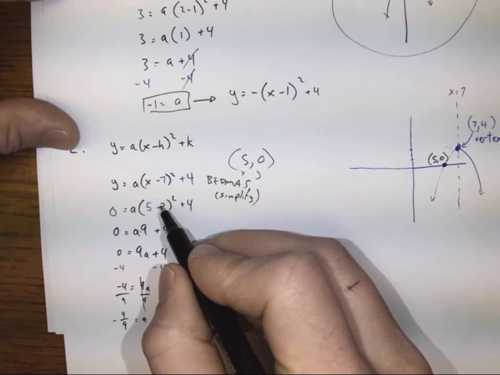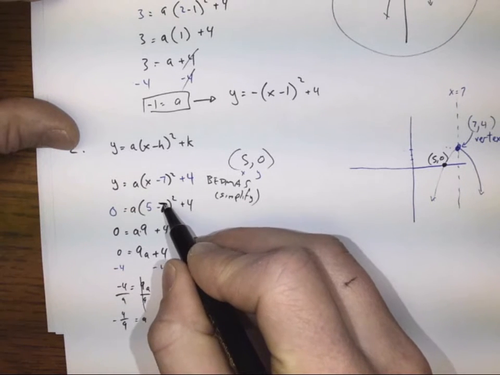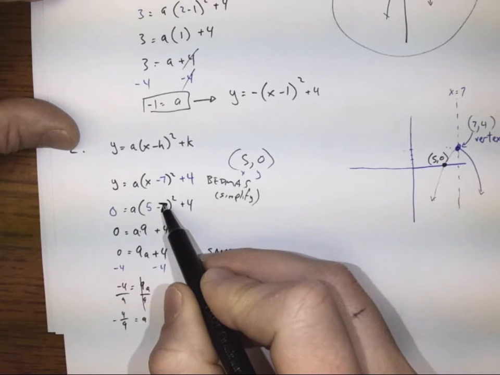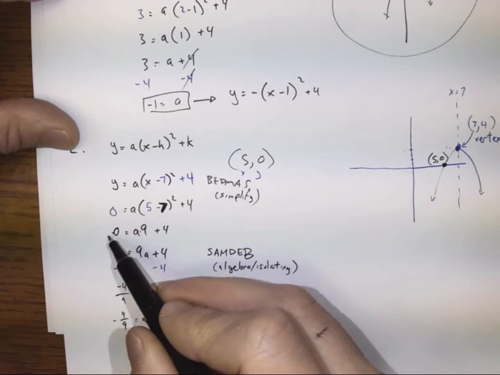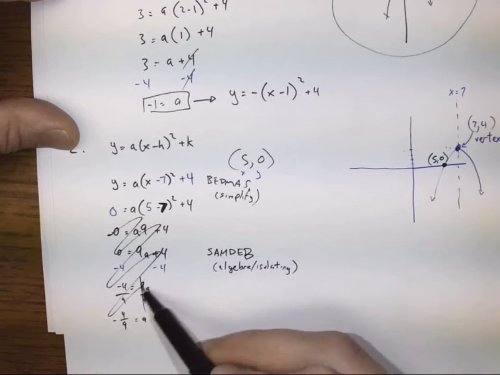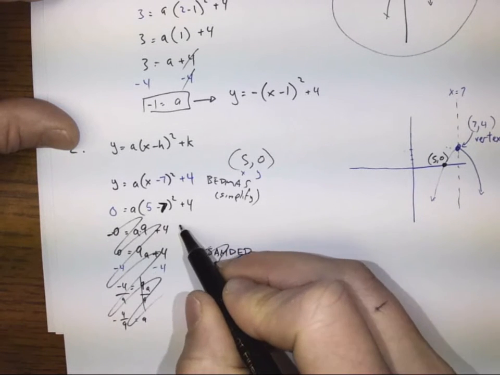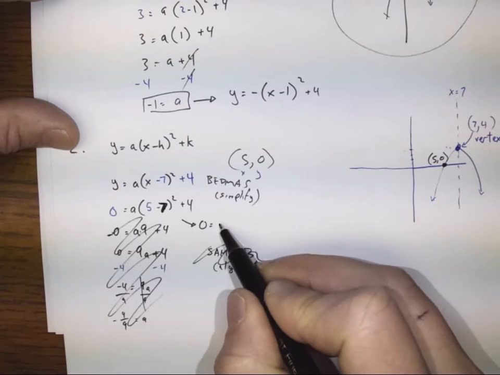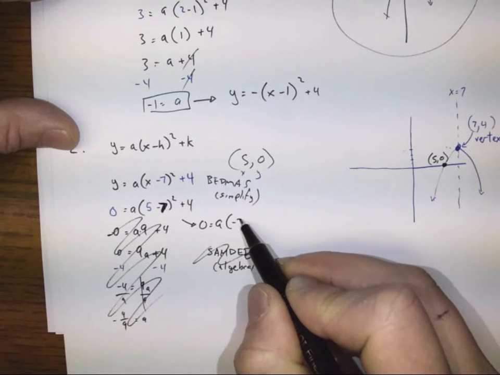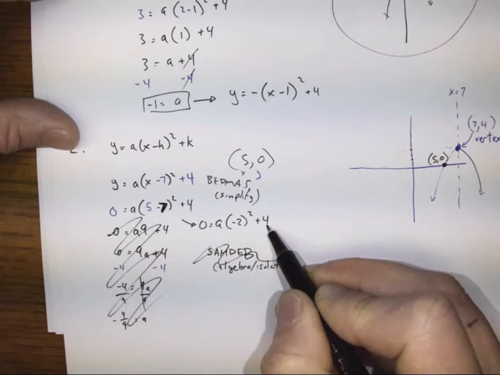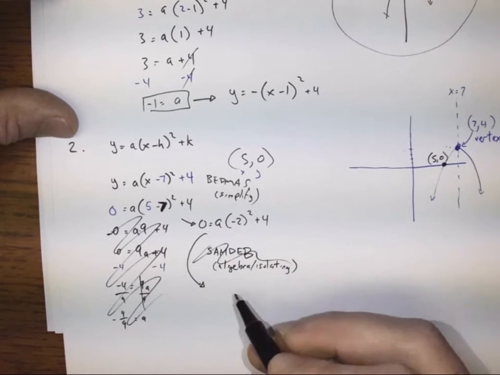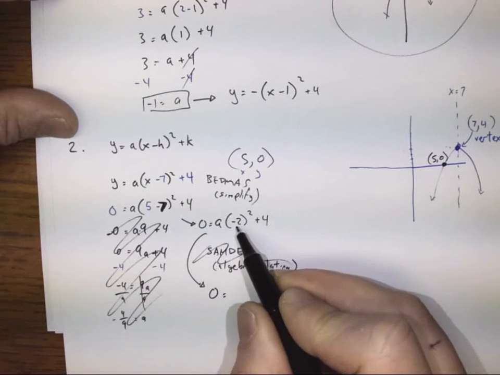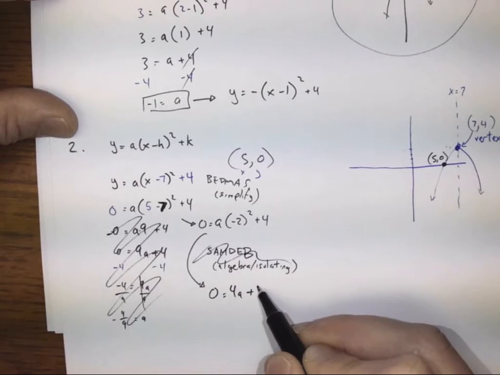Oh, I see why. I changed that into a 7. 2, rather. And so actually 5 take away 7 is negative 2. Oops, okay. Yeah. So we should have got 0 is equal to a times negative 2 squared plus 4, which gives me 0 is equal to negative 2 squared is 4, so 4a plus 4.